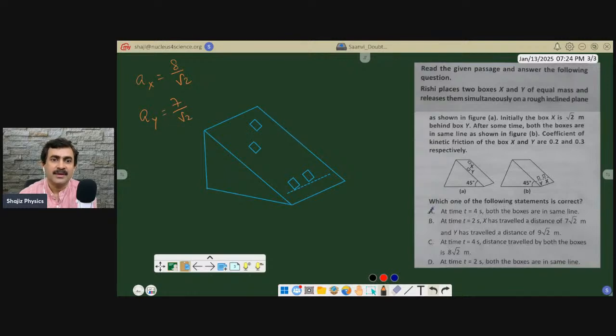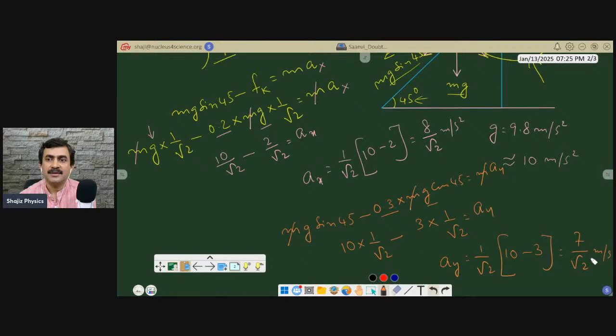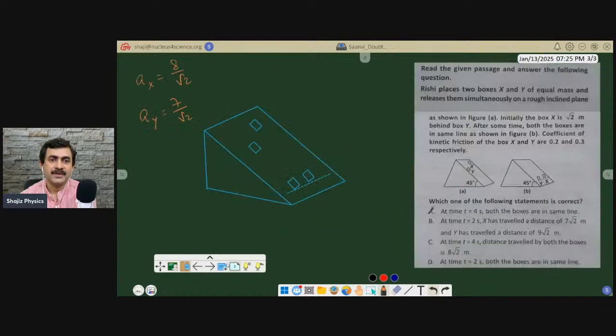Here, 7 by root 2 is the acceleration of y, 8 by root 2 is the acceleration of x. Now, this is the initial situation, and we have already discarded the option C because it will not be correct at any cost.